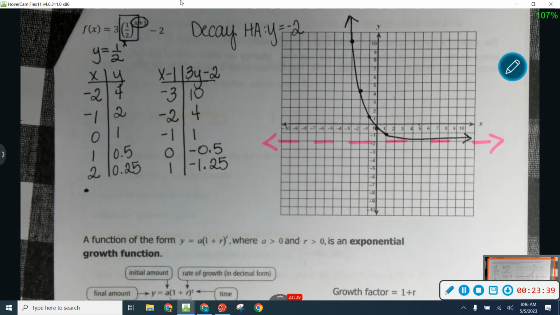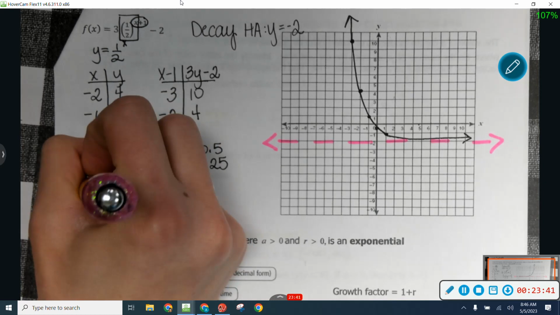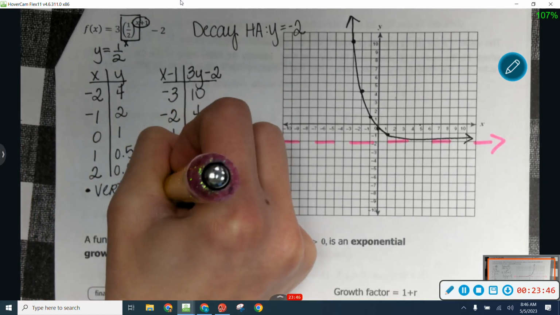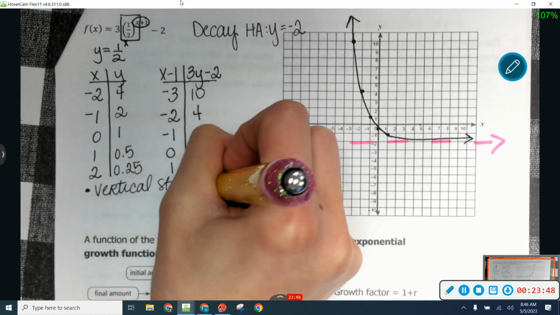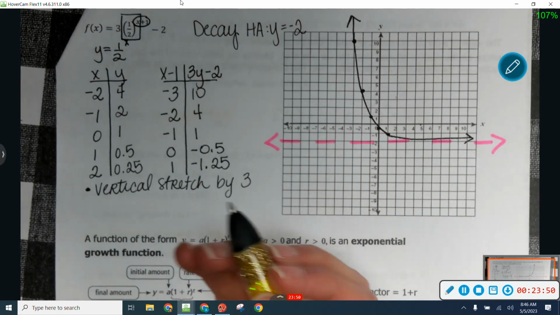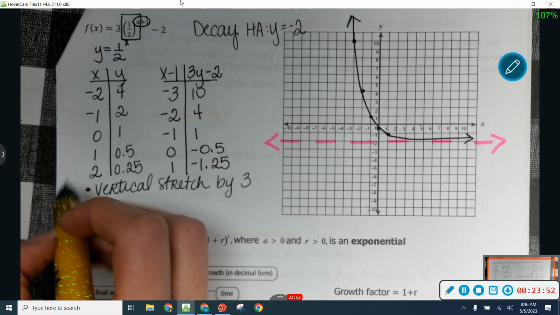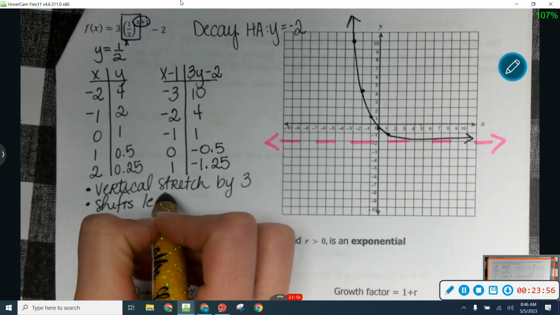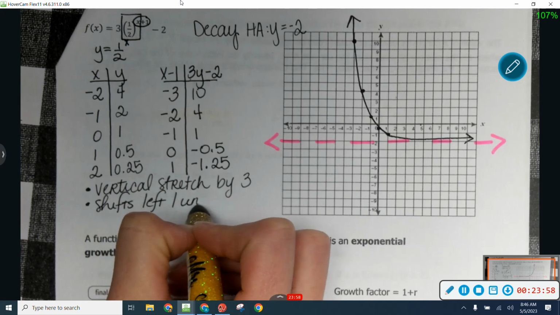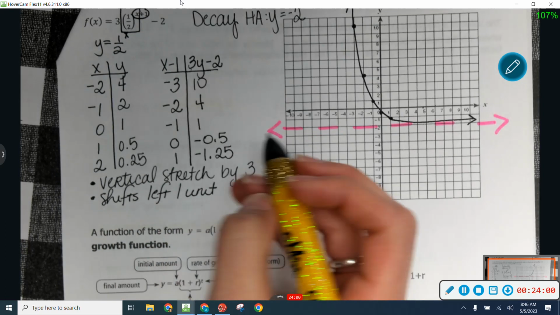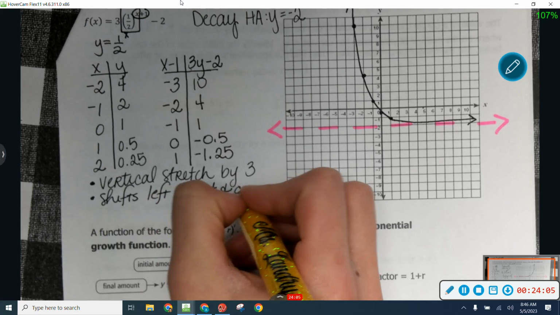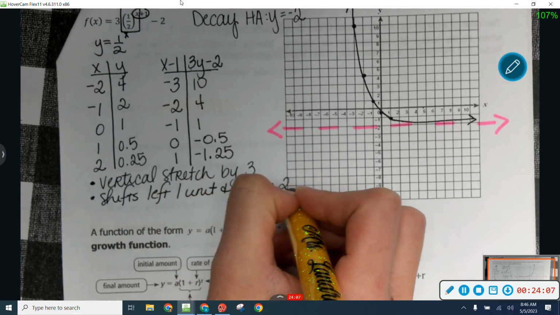So my transformations: that 3 tells me I have a vertical stretch by a factor of 3. That x plus 1 was really x minus 1, so I shift left 1 unit, and down 2 units.